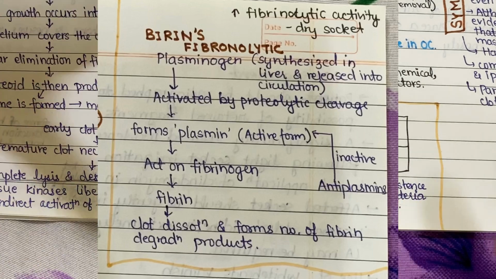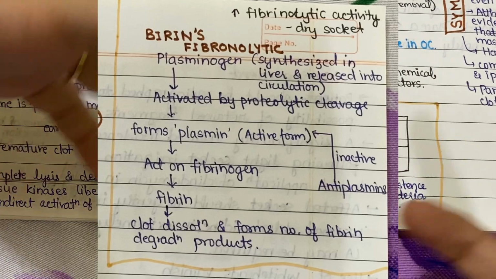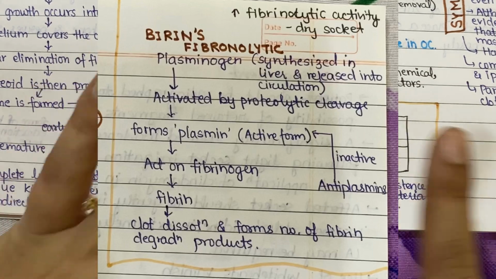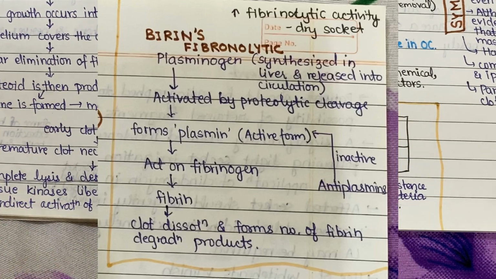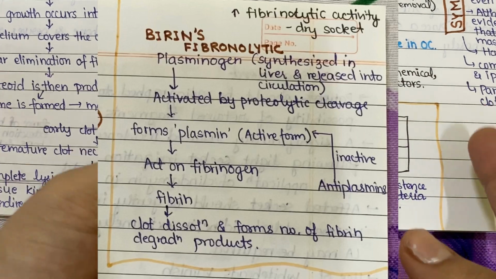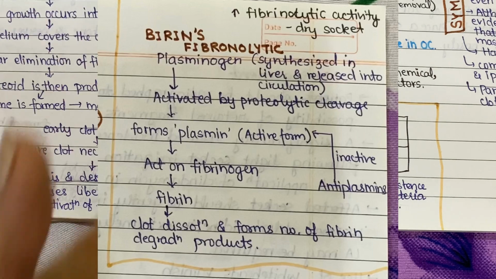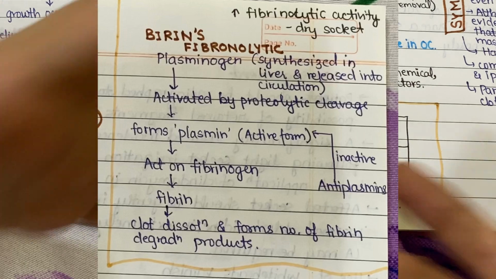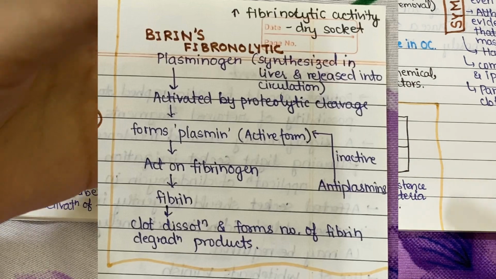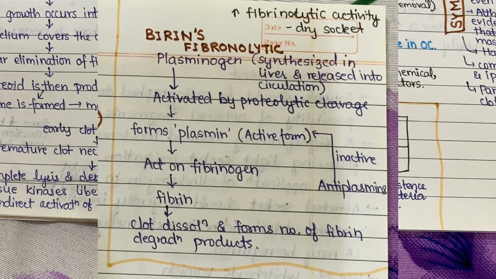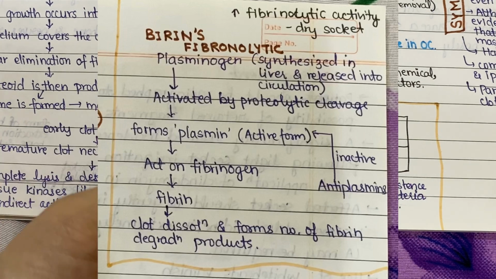Basically, this plasminogen is synthesized in the liver and released into the circulation, and it is activated by proteolytic cleavage. Then it forms an active form which is known as plasmin. And this plasmin acts on fibrinogen and fibrin, and they cause clot dissolution and form a number of fibrin degradation products.